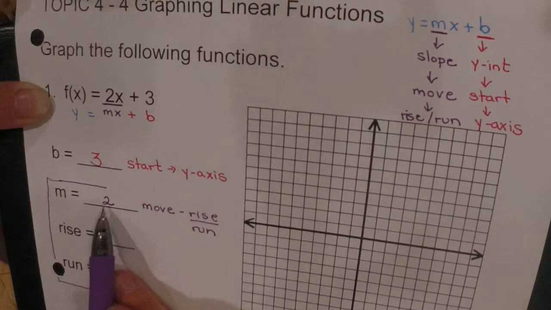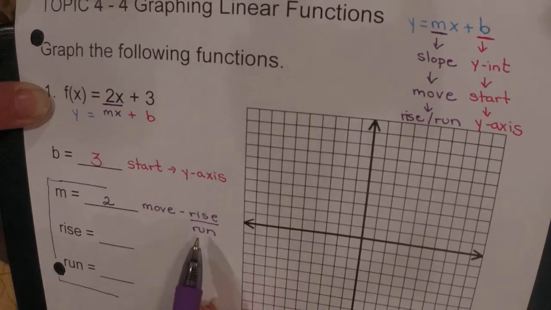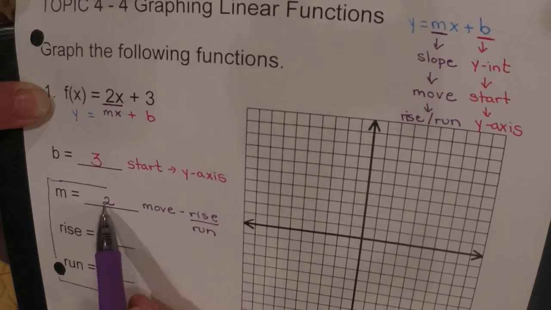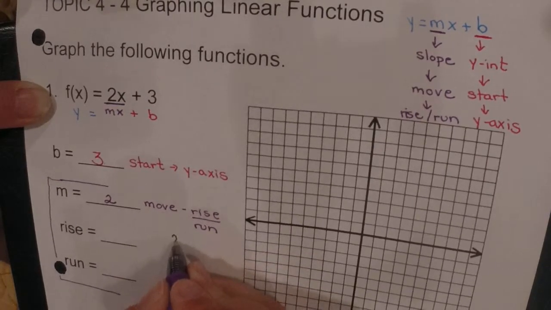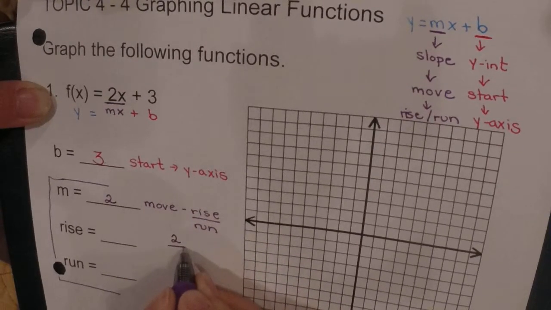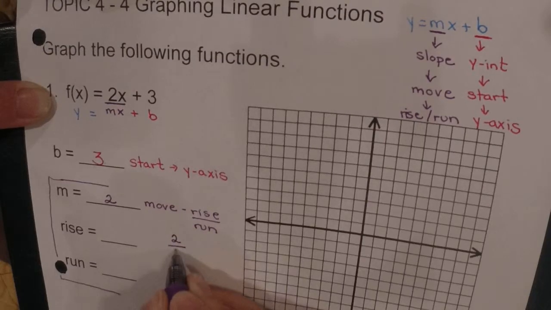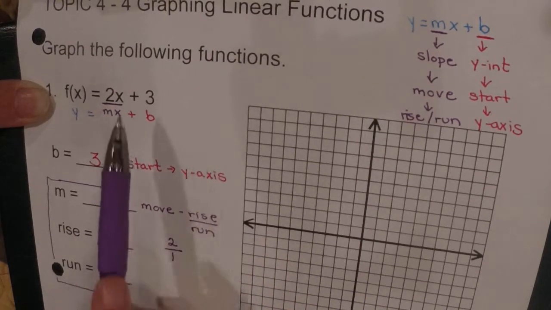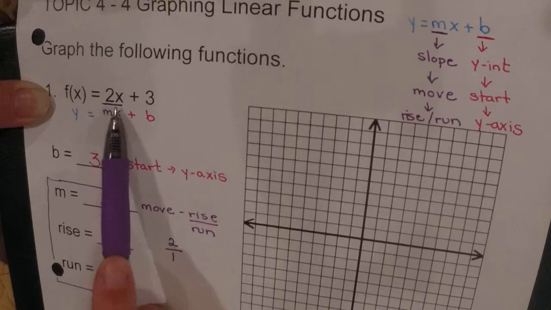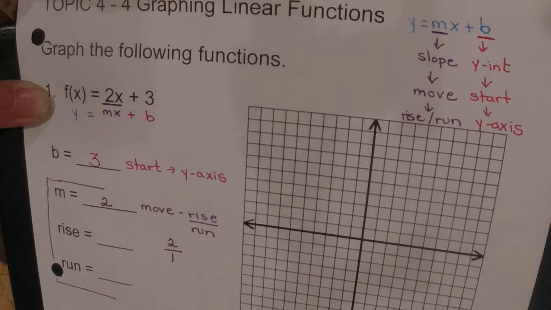From here, I'm supposed to pick out our rise over our run. But this is not a fraction. It's said to be integral, or an integer. So 2, if we needed it to be over something, is always going to be over 1. If they give you just a number, it's always over 1, because 2 divided by 1 would still be 2.